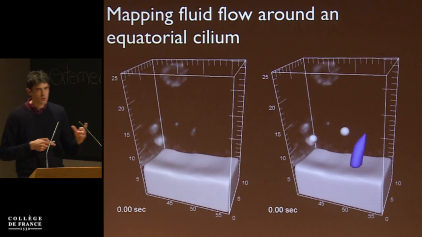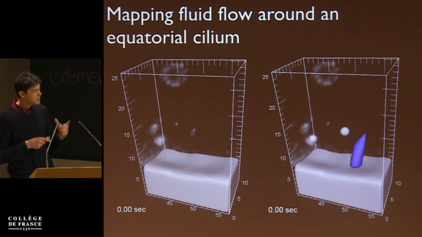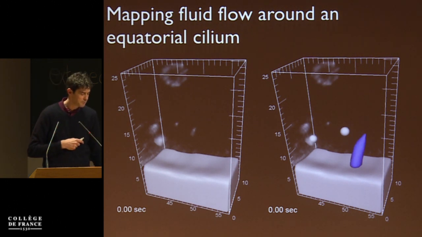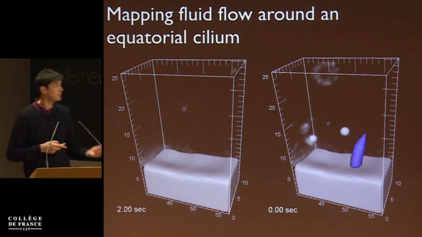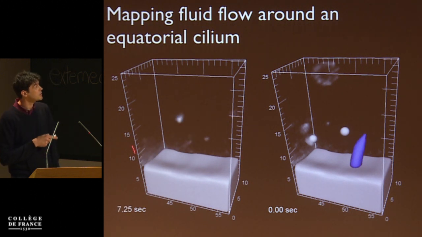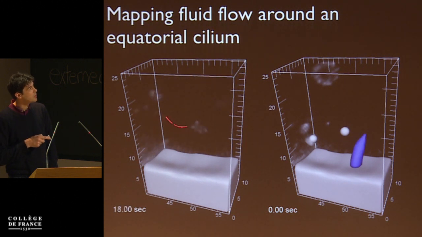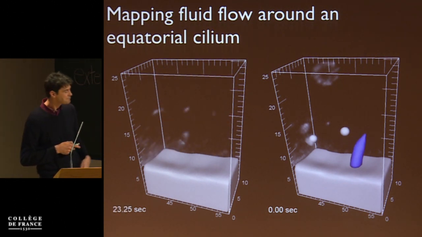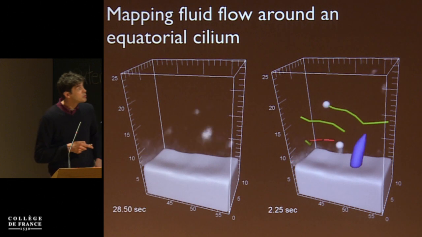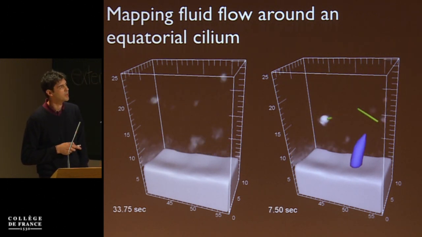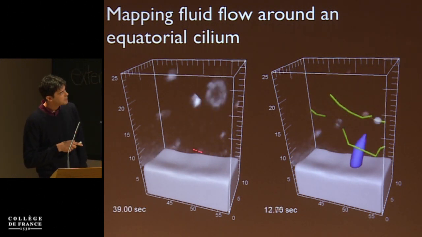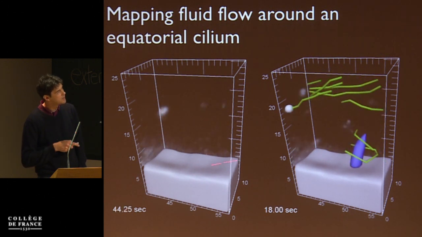But we needed to zoom in to see what happens at the cell membrane where signaling is happening. And actually, we were very impressed and very lucky. We could fairly well see trajectories of these particles, and track them to get a feel of what happens in the area where the cilia are.